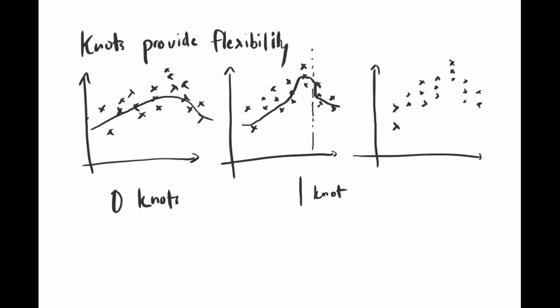And if we have 2 knots, maybe I'll have something like this, where I would have something that looks like this.